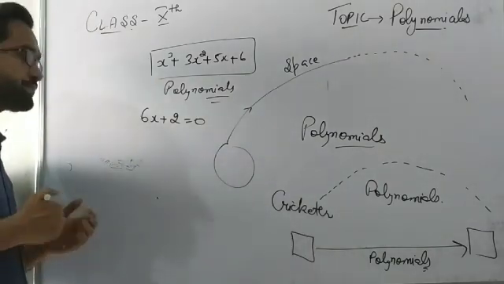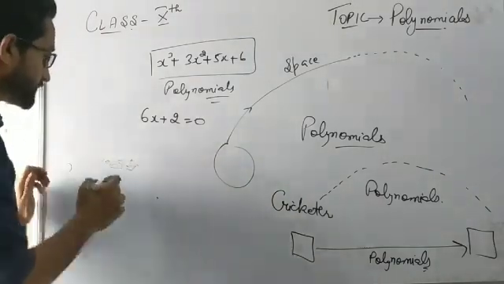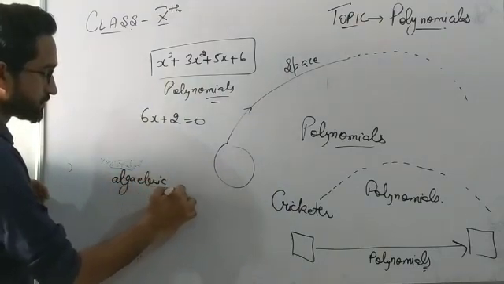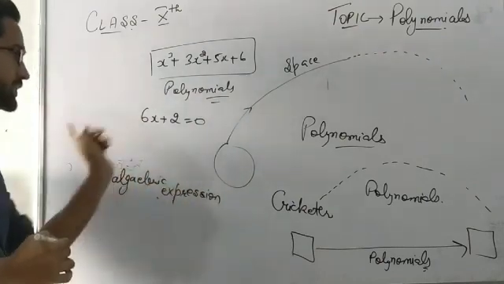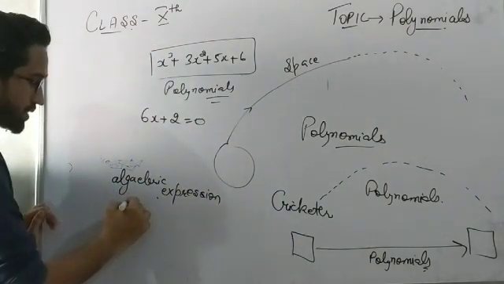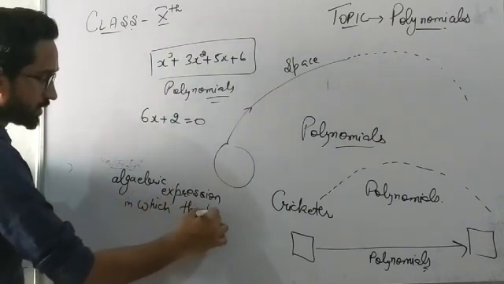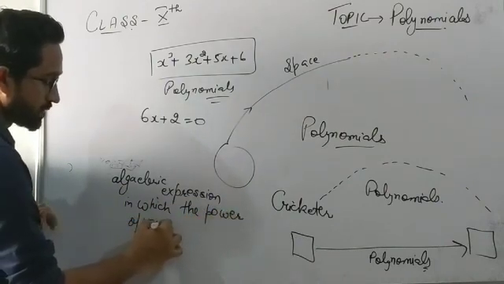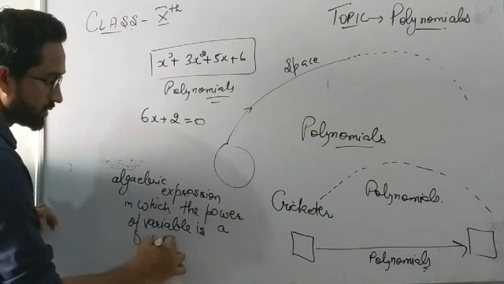Okay. So if we want to generalize what a polynomial is, a polynomial is actually an algebraic expression like this, in which the power of the variable is a whole number.